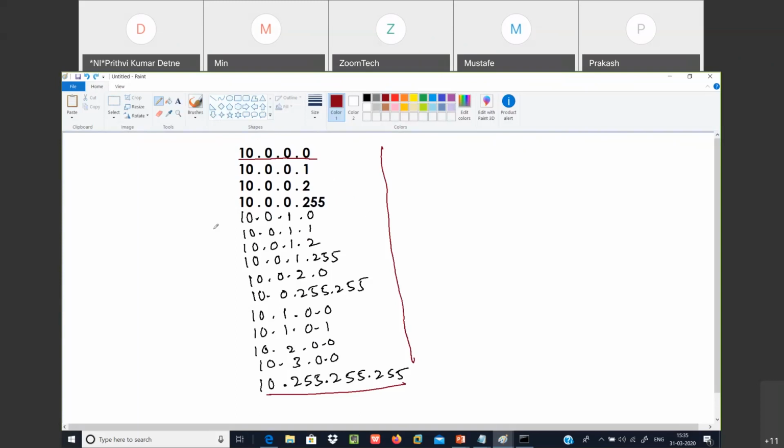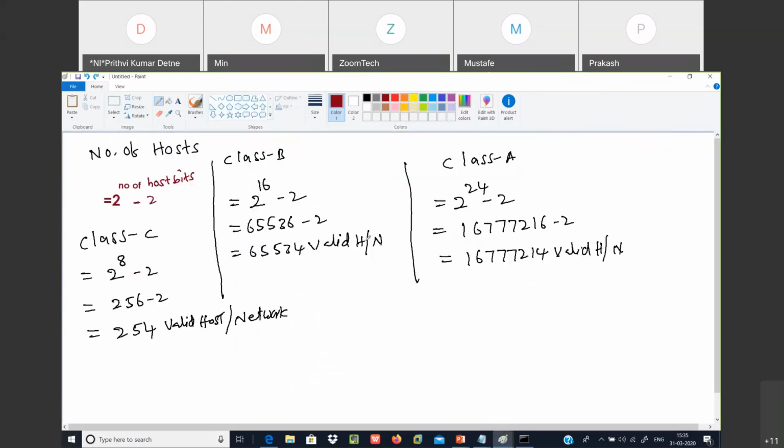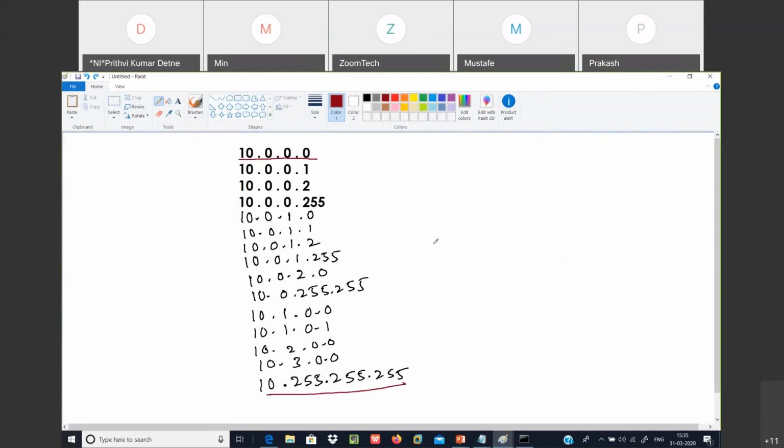We already discussed and calculated this before. So for class A, for each network of class A, how many valid IPs are available?